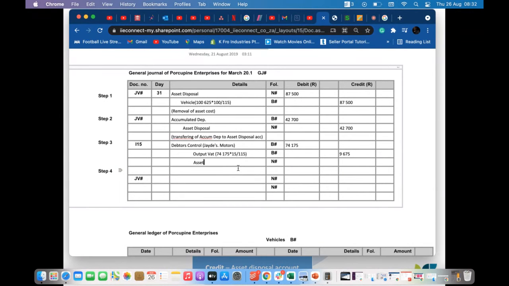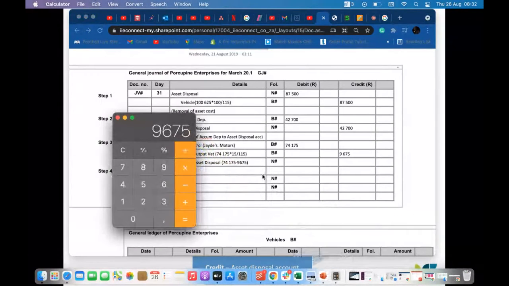Asset disposal. Okay, so let's do that in brackets as well. 74,175 minus 9,675. Alrighty, and let's calculate that.